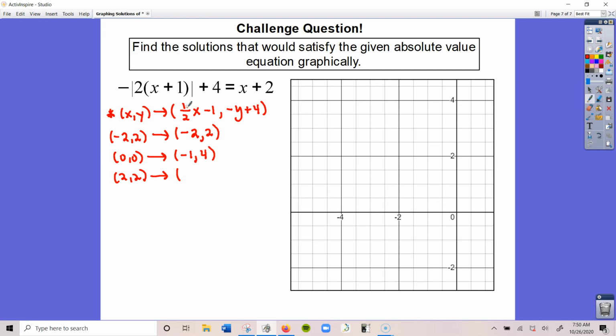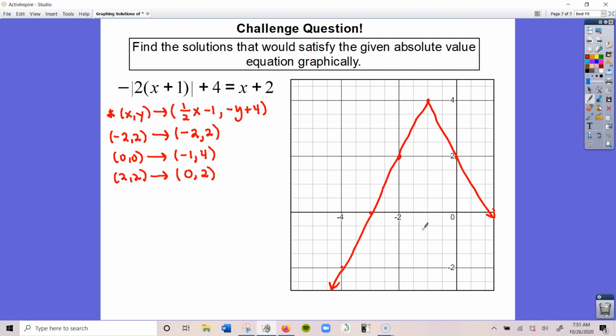Finally, when I plug in 2, half of 2 is 1, 1 minus 1 is 0, and negative 2 plus 4 is 2. So this is for my absolute value. I'm ready to graph. We have negative 2, 2, negative 1, 4, and 0, 2. This is my absolute value part of my equation.